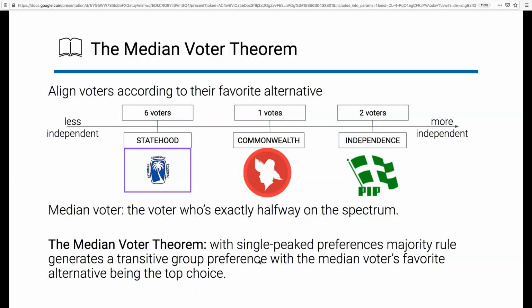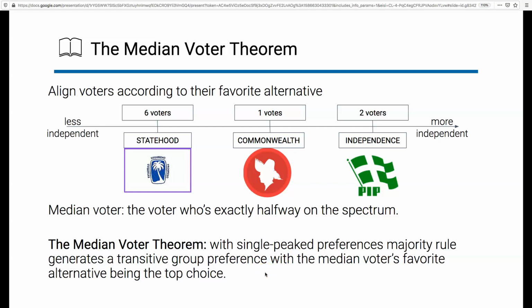Basically, because we're not allowing preferences such as statehood first, independence second, and Commonwealth third, we get rid of this problem where pairwise comparisons will generate a cycle among these three alternatives. The second part of the median voter theorem is that the median voter's favorite alternative would be the top choice according to these group preferences.